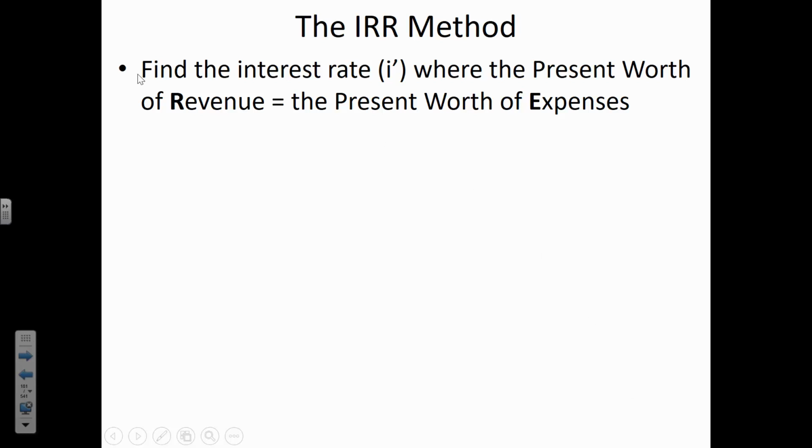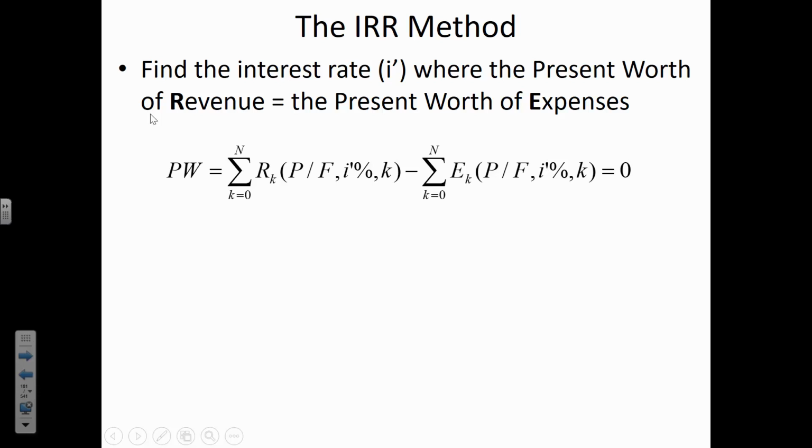So the method is that you take all the expenses and all the revenue to the present, and the formula for that is just saying that if you have any future amounts, you take them to the present. So inside the parentheses, P/F means find the present value of a future amount, and the R here means revenue.